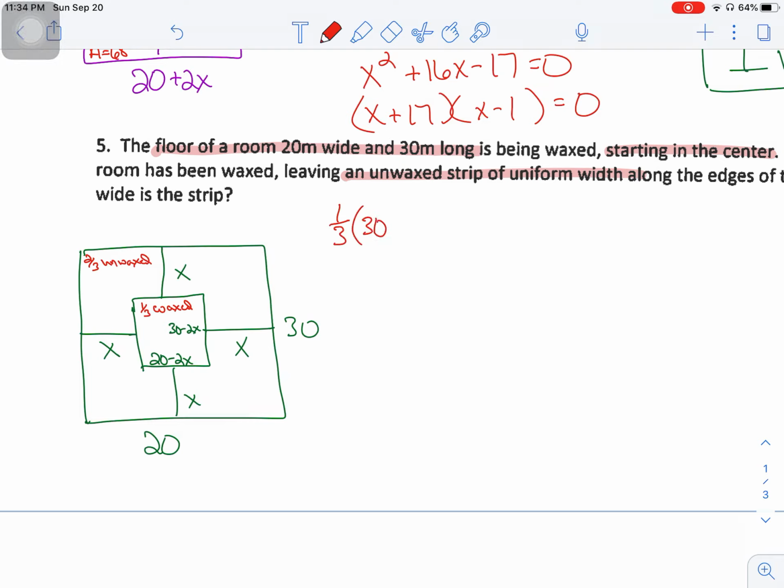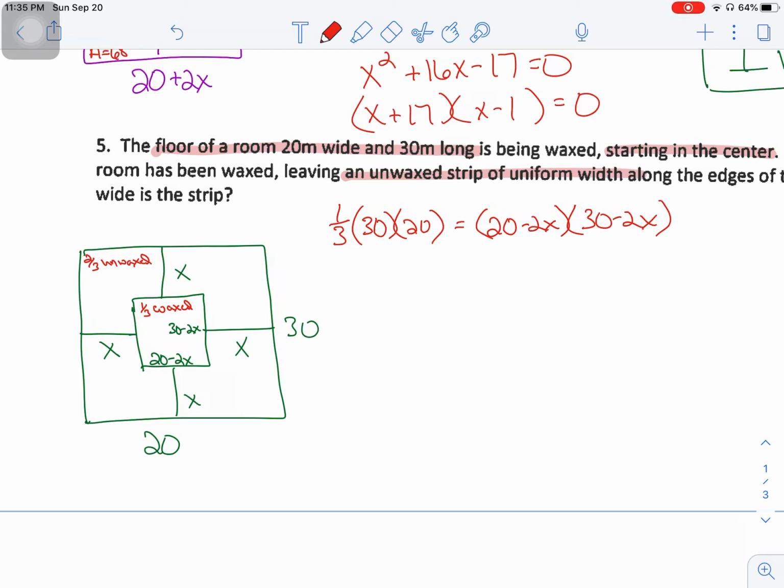Well, the room is 20 by 30. And this is equal to the dimensions that we have: 20 minus 2x times 30 minus 2x.